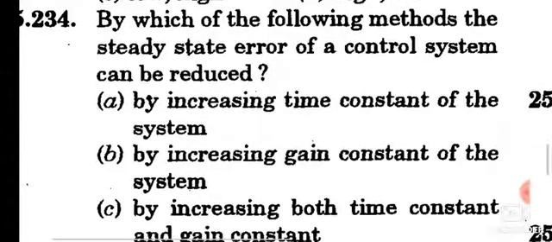Question number 234. By which of the following methods can the steady state error of a control system be reduced? Option B, by increasing the gain constant of the system.